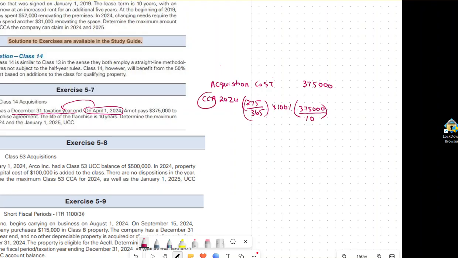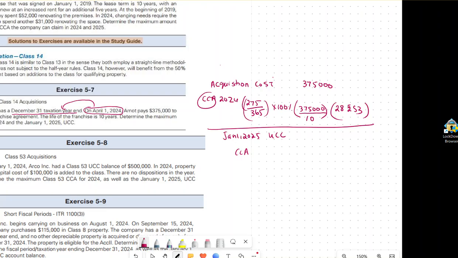This is my CCA, 28,253, and CCA is deducted, and that will be your January 1st, 2025 UCC you start off with, and you take another CCA. You carry on doing this until you sell it or it becomes zero. Let's go to our next one.